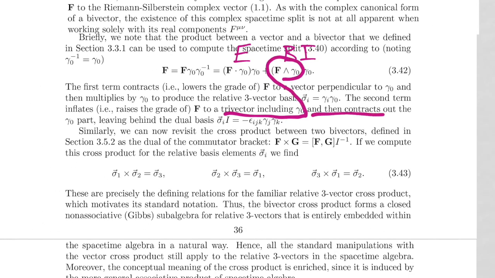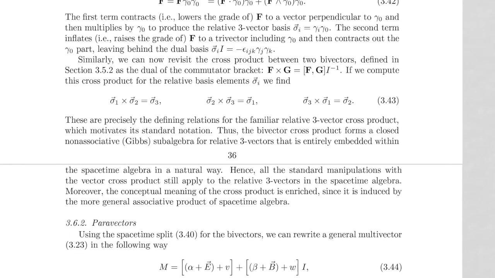And then contracts out the gamma 0 part. Then you do a contraction, which looks like a geometric product here, but it's just a contraction because the inflation part is guaranteed to be 0. So that's nice. And it leaves behind just the dual basis. So we demonstrated all that. Okay, that's looking good. Let's move on to the next paragraph.